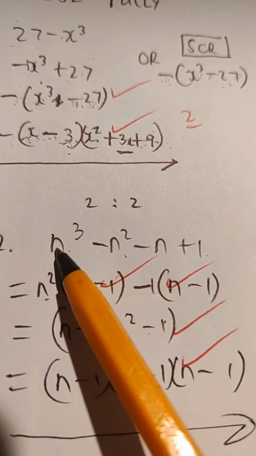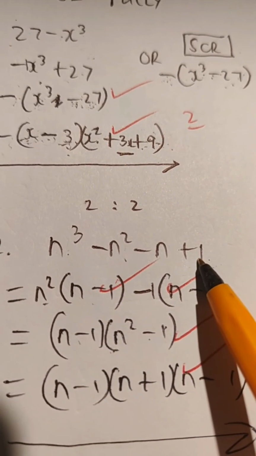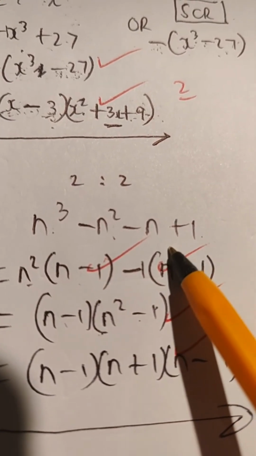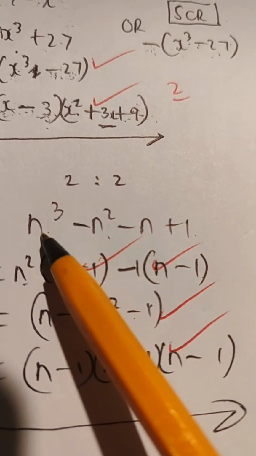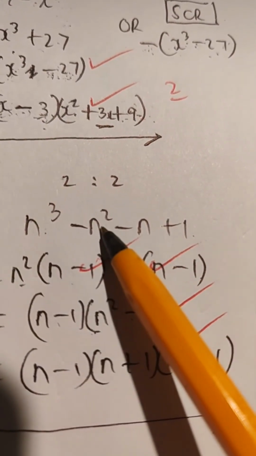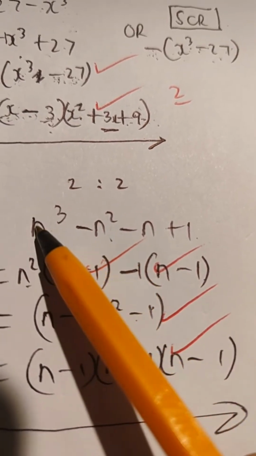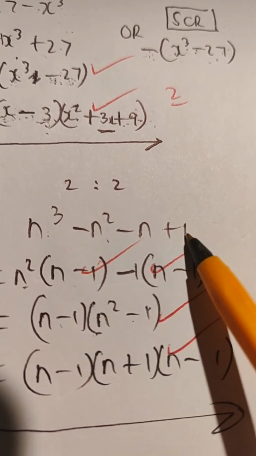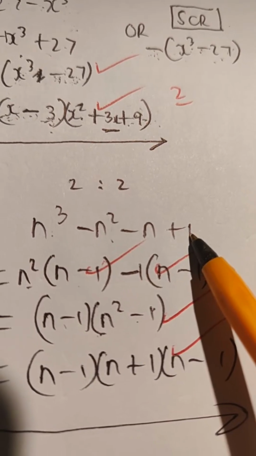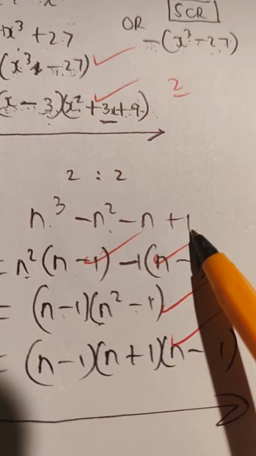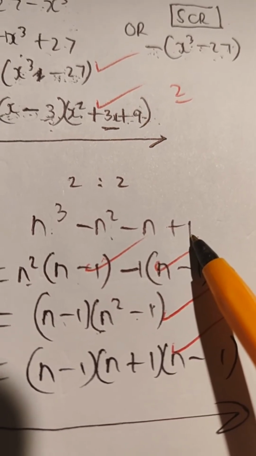If you look at how many terms we have, 4 terms, that is an even number of terms. So let us look at n cubed and n squared, negative n squared. The question is, can we group these first 2 terms and then group the last 2 terms in such a way that it will lead us to a common bracket for the 2 respective terms? Well, let's check it out.